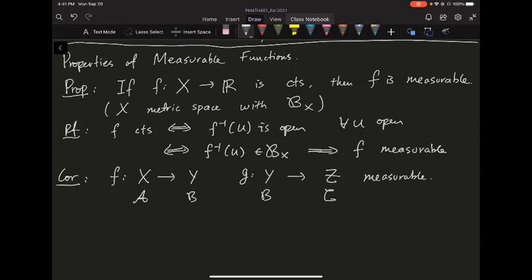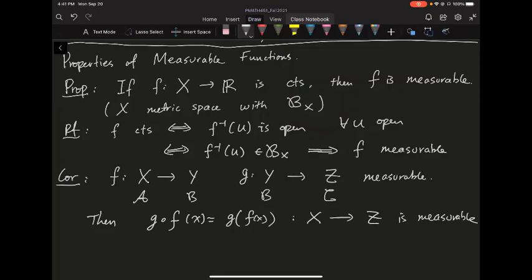I need g first, g composed with f. That takes an x from X, maps it to f of x, which is in Y, and now we apply g. So this is a function starting from X through Y and ending up in Z. I want to show that this function is measurable.